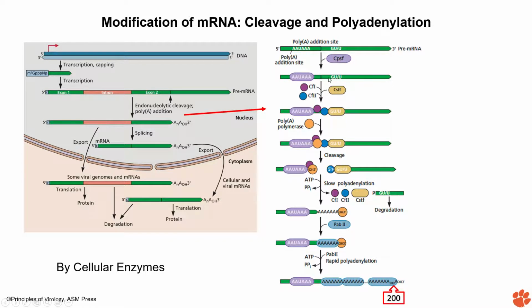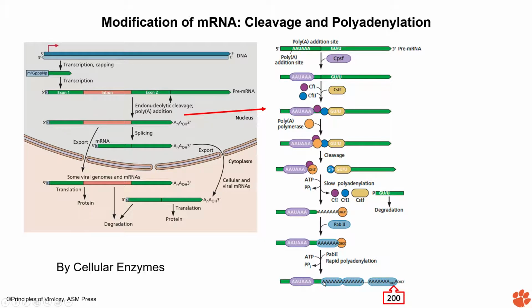So a multi-protein complex recognizes the polyadenylation site and cleaves it, and poly-A polymerase is recruited, which does slow polyadenylation. After about 15-20 poly-A's, a poly-A binding protein, which is PAB2, is recruited on the poly-A and results in rapid polyadenylation until you have about 200, 250 poly-A's added to the 3' end of the RNA.